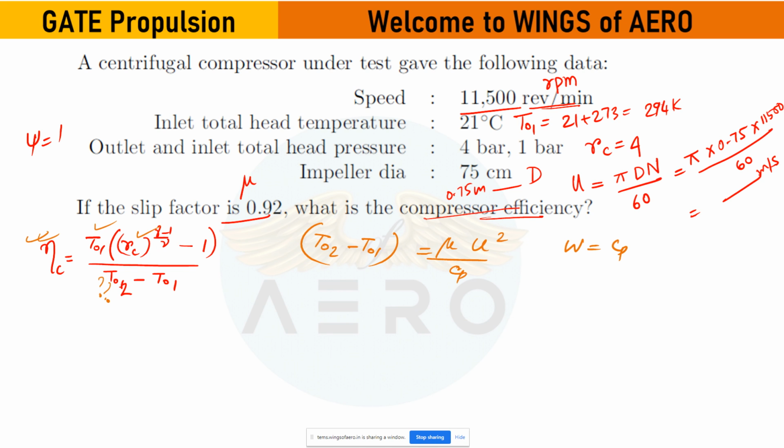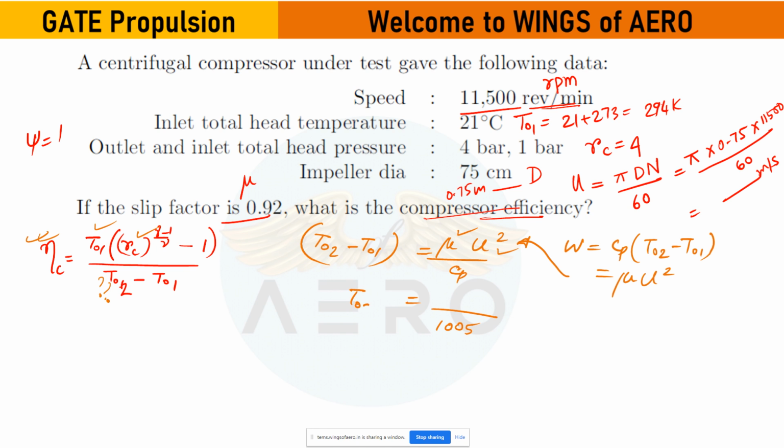Work done means we know T02 minus T01, which is also equal to mu U square upon Cp. So from that relation we have got this. Now mu value is given, U value is given, Cp is known. So Cp is 1005.